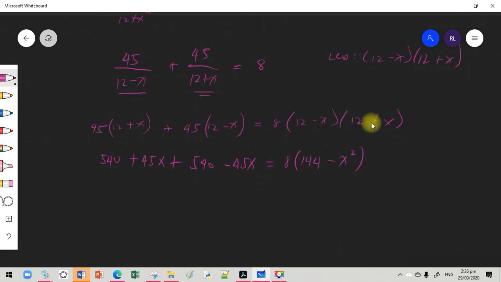This is not a difference of two squares, but the product of sum and difference.